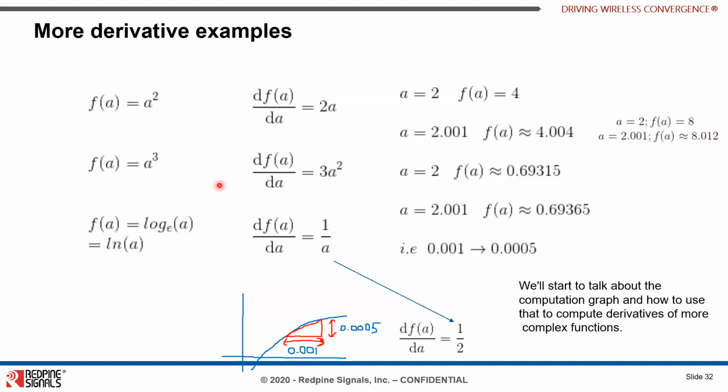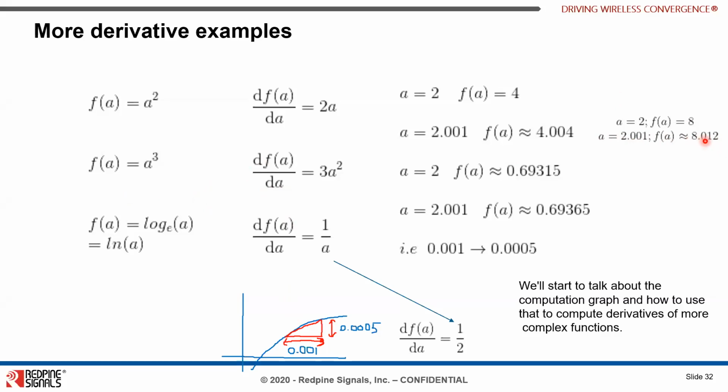Through a scale, if you map, you will be able to see how it is increasing. So what is the increment? If a equals 2, f(a) is 8, and if I increment a to 2.001, f(a) will be 8.012. That is the x-axis, if I increment a, and on the y-axis f(a) will be incremented by this value.